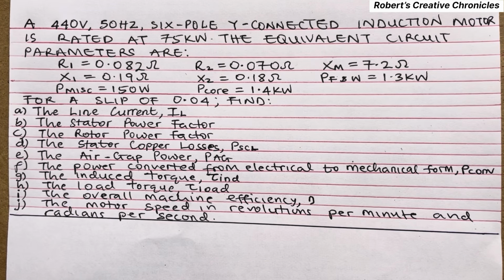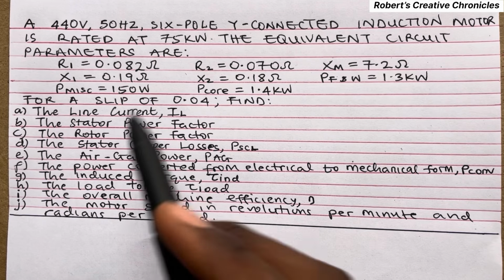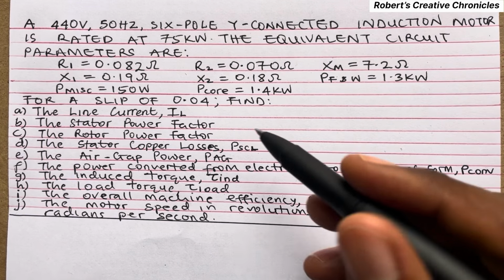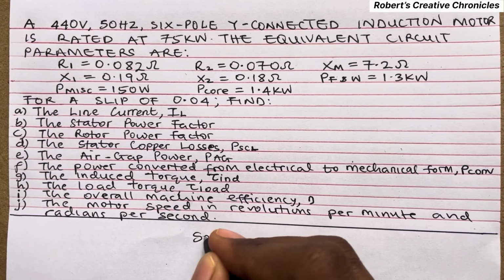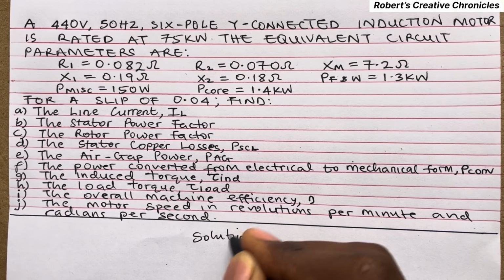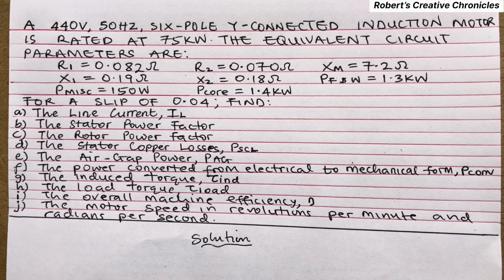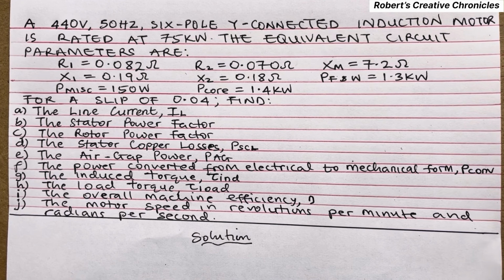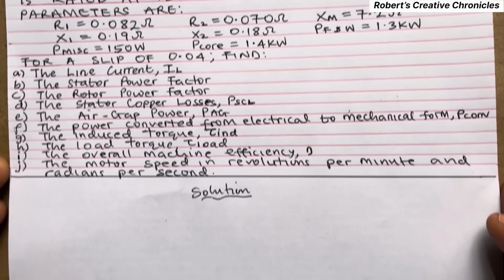Let's start with the A part. But first, we have to draw the equivalent circuit of this induction motor. Since this is an induction motor, we have to draw its equivalent circuit. So let's draw it.